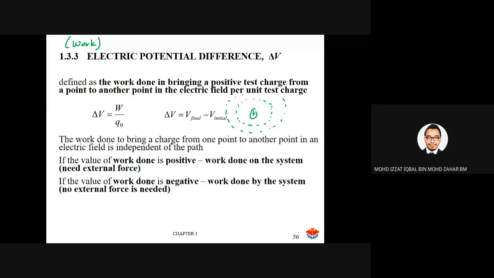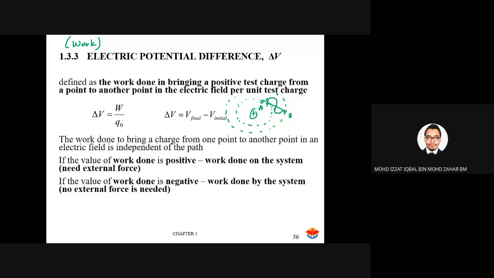Katakan we are talking about point A and point B. So kalau saya nak bawa charge from B to A, I can go like that, pergi situ ke, saya boleh pergi straight ke situ atau berpusing-pusing pergi ke sana. It doesn't matter. So the important part here is initial and final position dia.